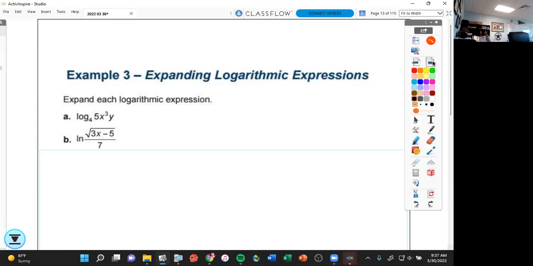I mean, I could do a change of base on this. What am I taking the log of? Okay, I'm taking the log of the 5, the x cubed, and the y.